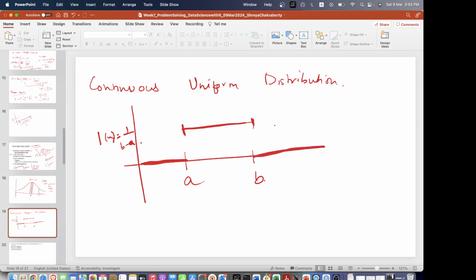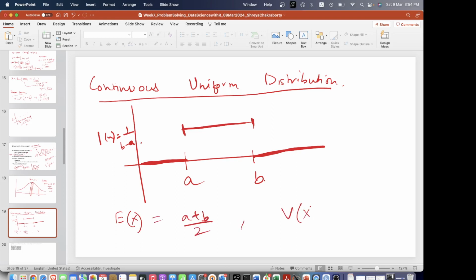This is how a continuous uniform distribution looks, and we know the expectation of x is a plus b by 2, and the variance of x is b minus a whole square by 12.